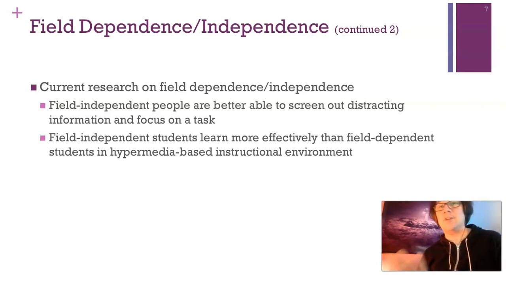They have much better attention to detail, and they're able to focus out or ignore any type of distracting information. Field independent students tend to learn more effectively than field dependent students in hypermedia based instructional environments.